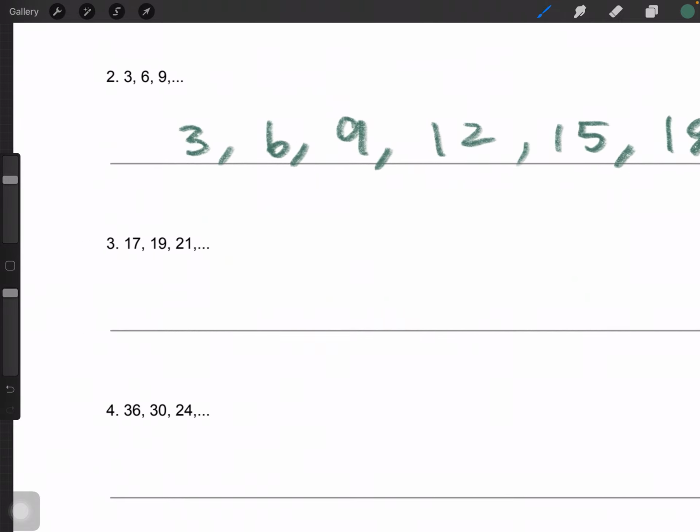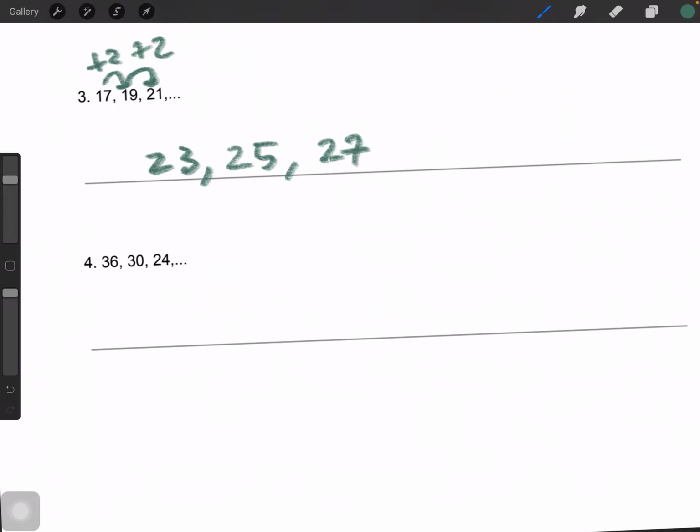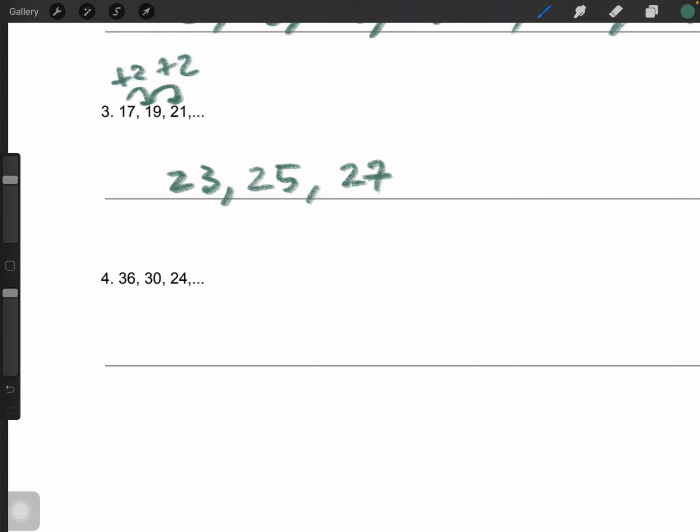This one, we can look at the difference between these numbers, and we can say that they're adding 2 on both, increasing by 2. So 21 plus 2 equals 23, 23 plus 2 equals 25, and 25 plus 2 equals 27. On this one, you can see that they're subtracting 6, a little bit different. And so 24 minus 6 is 18, 18 minus 6 is 12, 12 minus 6 is 6.